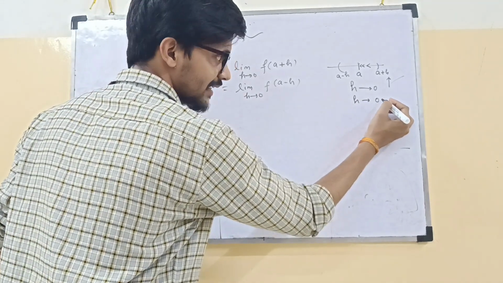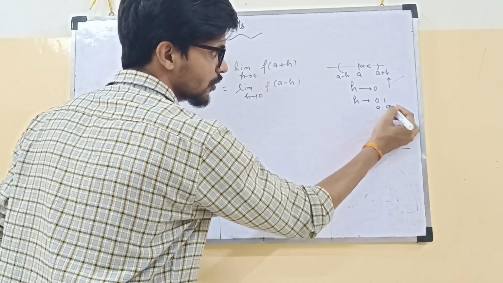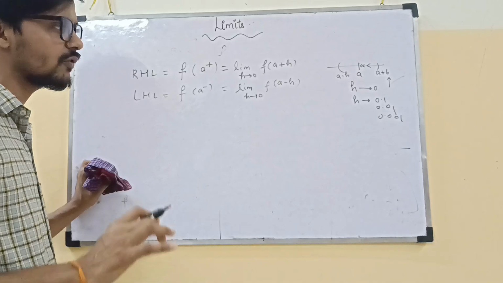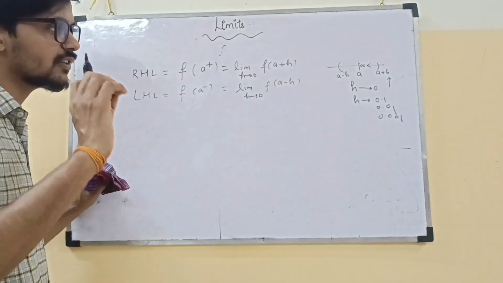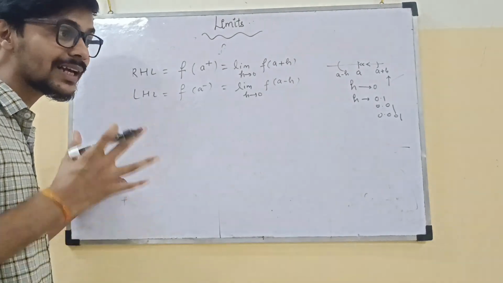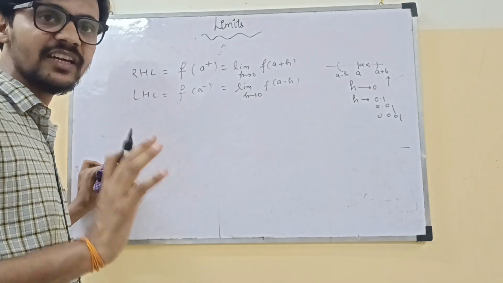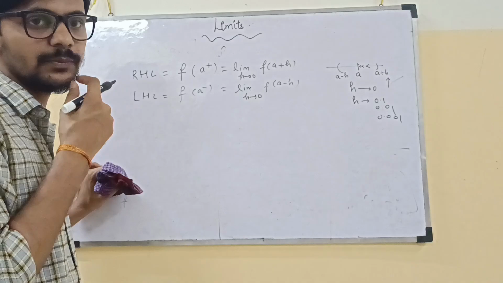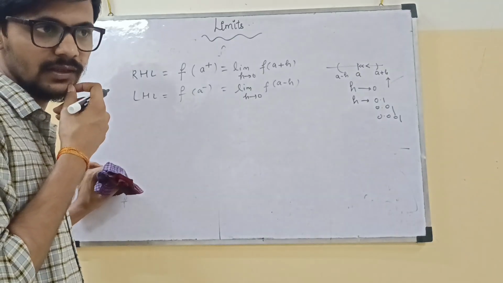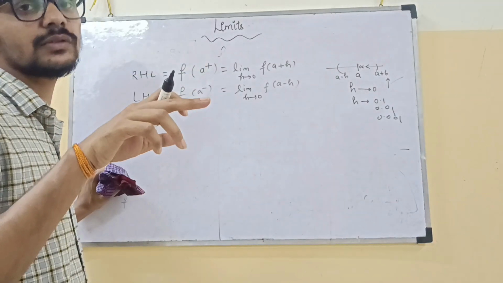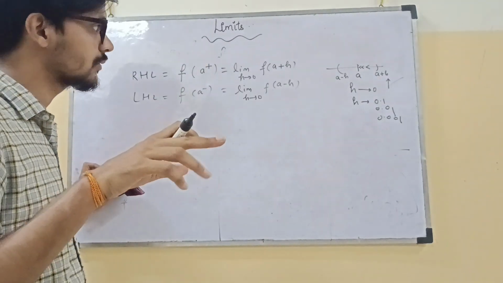For example, it is like 0.1, 0.01, 0.001. It could be anyhow very small. You need to make it very small so that you can read the right behavior of the function very near to that point, right? So this is a system to reach very near to that particular value.